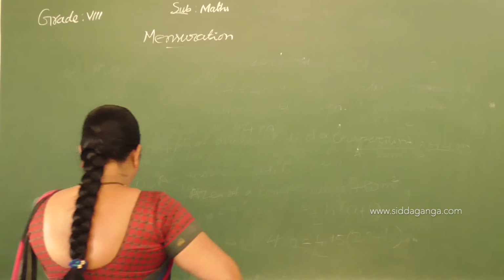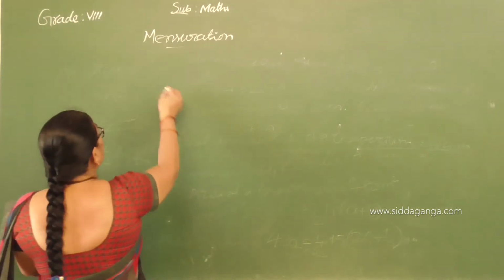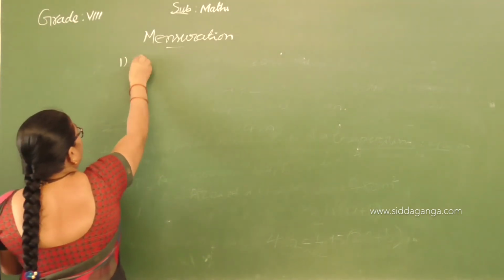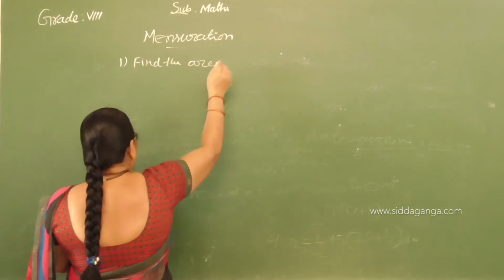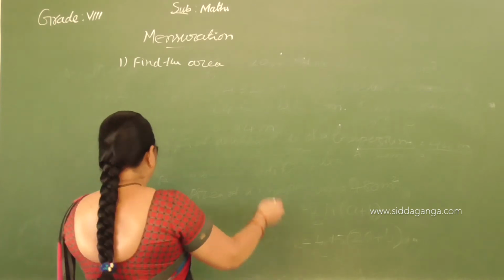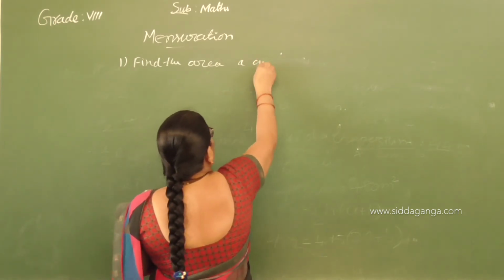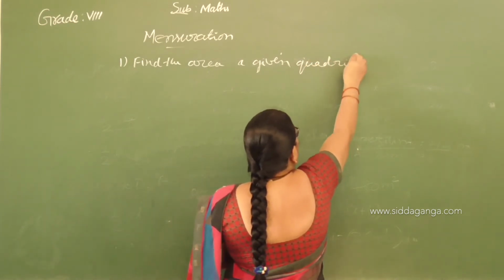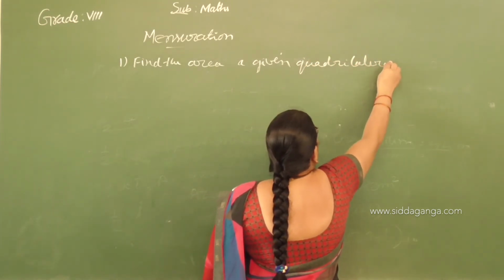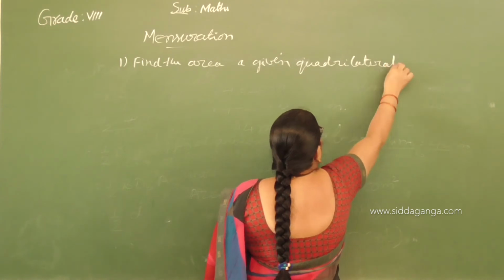Find the area of a quadrilateral. Next question, find the area of the given quadrilateral. Here the quadrilateral PQRS is given.